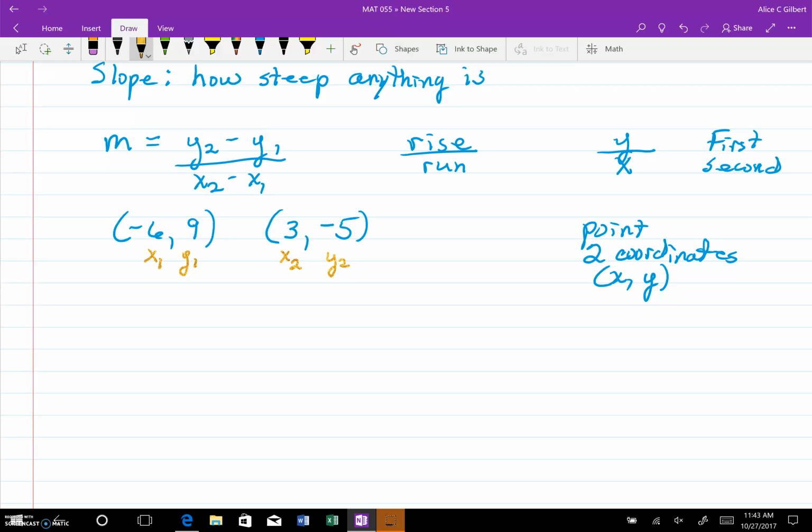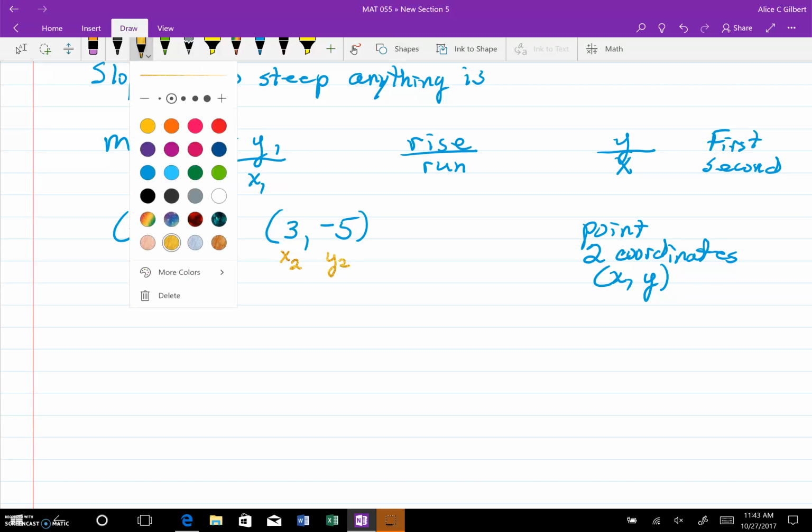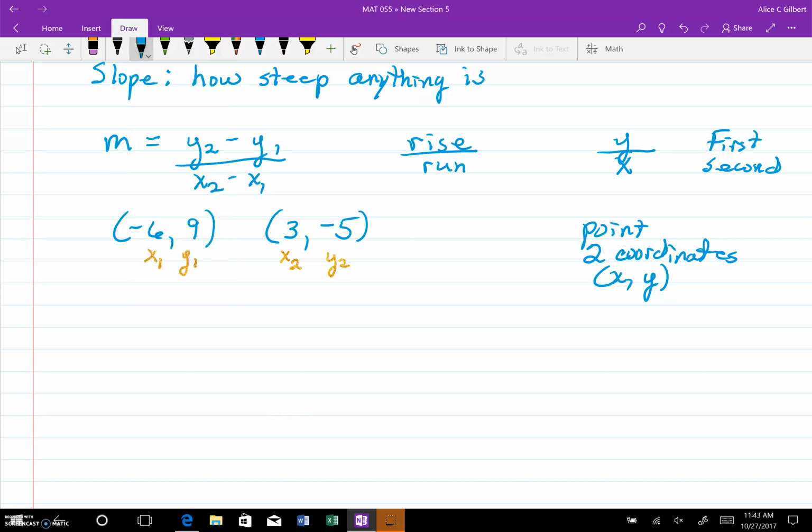X sub 3, y sub 3, x sub 4, y sub 4, x sub 15, y sub 15. And then whichever coordinate I need, if it says, say, x sub 14, I would look at all my points and see which one was x sub 14. That's the one I'd pick.